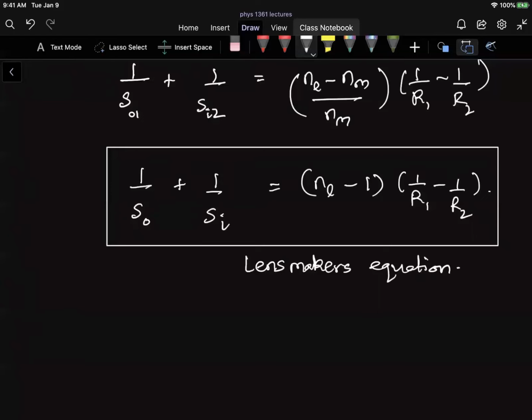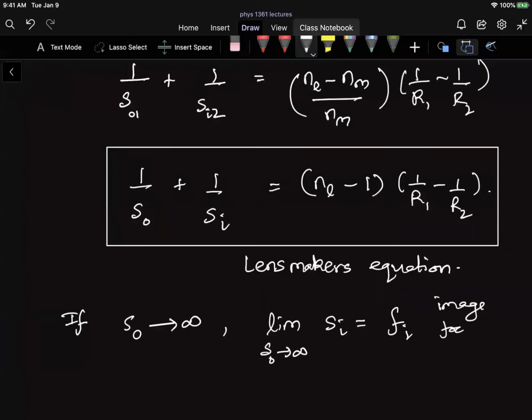And further, if S_O goes to infinity, just like we did for the spherical surface, then the limit of S_O going to infinity, when we solve for S_I, we call that the image focal length. And similarly, the limit of S_I going to infinity of S_O, we call that the object focal length.